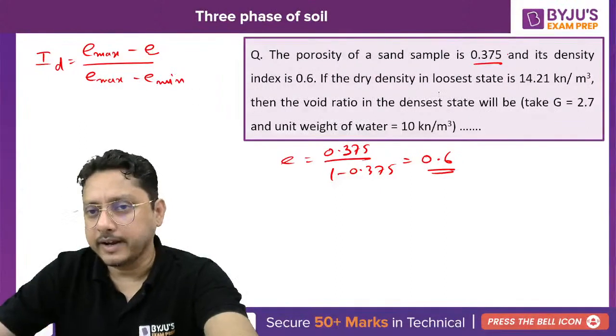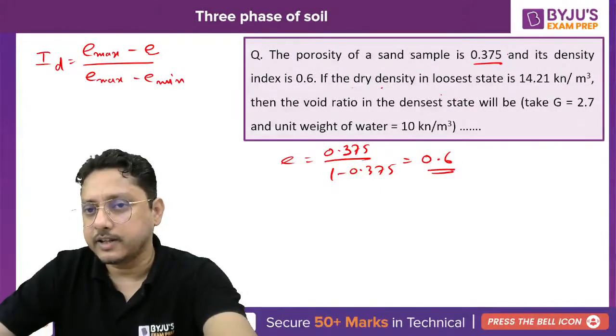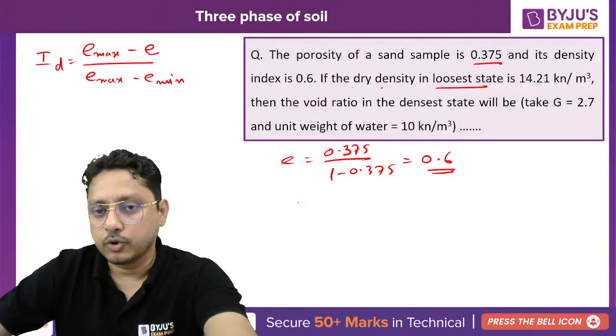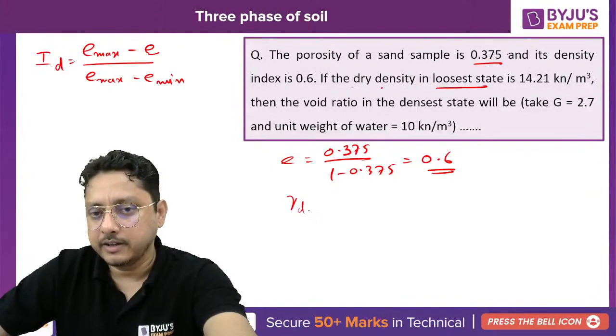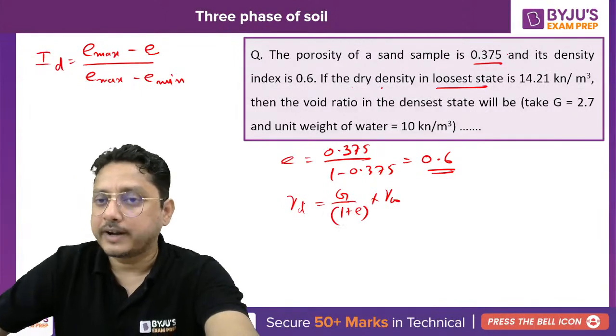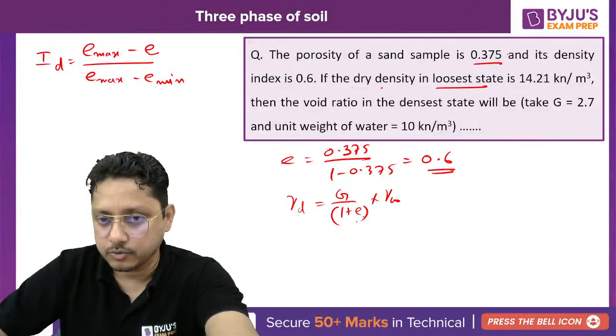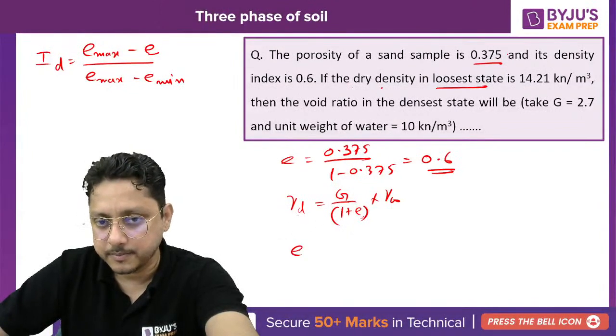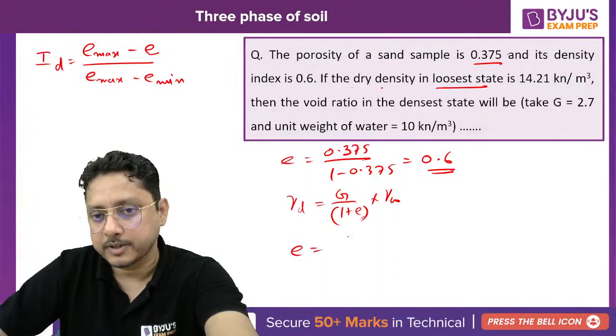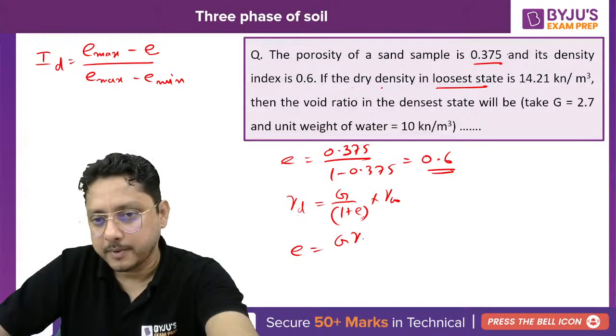Now you calculate the dry density in the loosest condition. So I will just use gamma d equals G by 1 plus e into gamma w. Now understand it. If I use the dry density in the loosest condition, obviously I'll get e max. So first of all, 1 plus e, e will become G gamma w by gamma d minus 1.